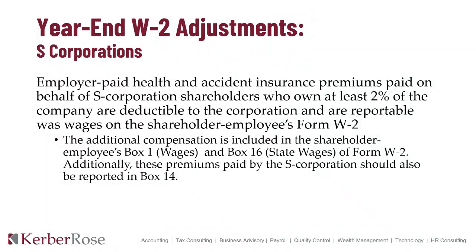So basically, we call it the S Corp health add-on. We determine the full premium amount that the employer pays, and we add that in box 1 and box 16 of their W-2. It's not subject to Social Security and Medicare taxes, and that gets reported in box 14.